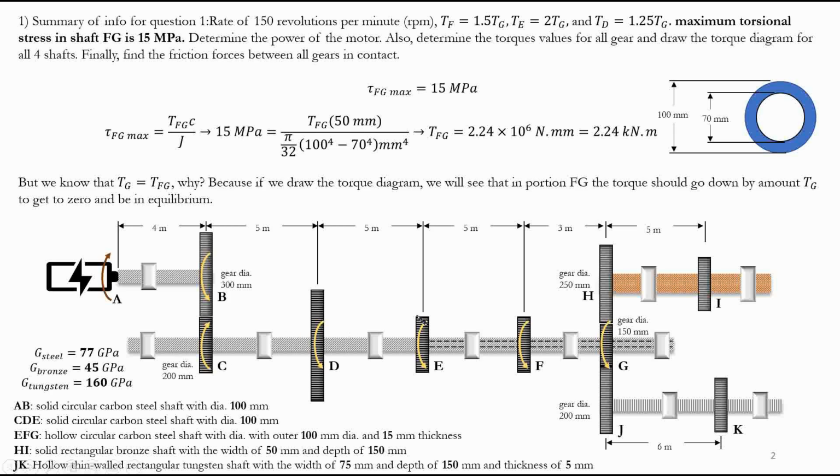And this is going down, down, down, down. If this is going down, H and J should both be going up. If H is going up, I should be going down, because again the shaft is in equilibrium. And J should be going up. If J is going up, K should be going down, because the shaft is in equilibrium. This is the way we determine the signs.